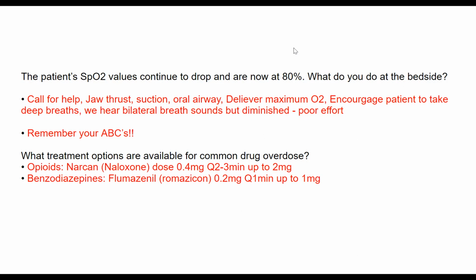And again, it's simple to remember, just 0.2 milligrams every minute, and you can use up to 1 milligram for the flumazenil. And these act quick. I think that's important to highlight. So if you are giving these medications and nothing's improving, chances are it's something else. Because in a couple minutes, really a minute or less, you should see the Narcan waking someone up. Same thing with the flumazenil.